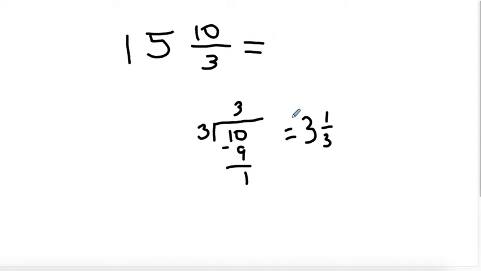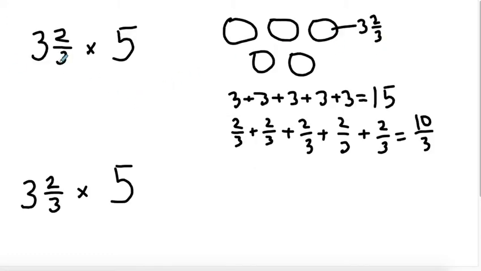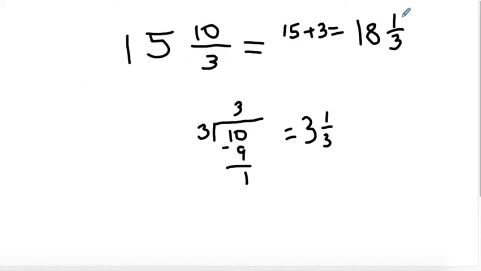So total, to change this into 3 1/3 and then add it to this, 15 plus 3 more wholes equals 18. And then I have to add the 1/3 on there. So going back to our original problem, 3 2/3 times 5 is 18 1/3. And that would be one way to solve it.